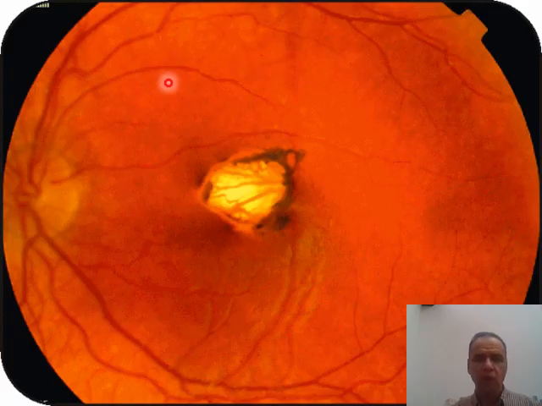For any child with esotropia, we should take a full history, then examination of visual acuity, examination of refractive state, then examination of anterior segment, and also examination of the posterior segment. One of the diseases which can lead to macular damage is congenital toxoplasmosis involving the macula.